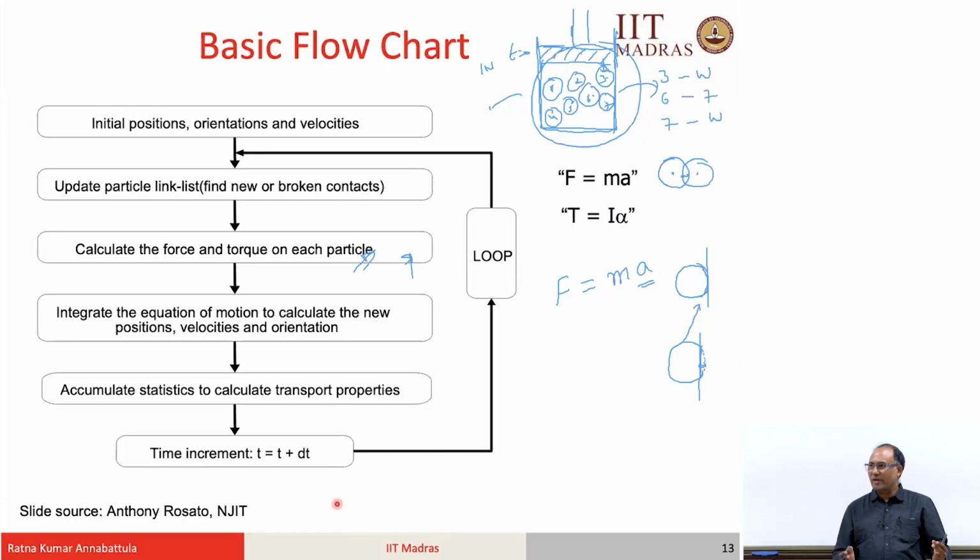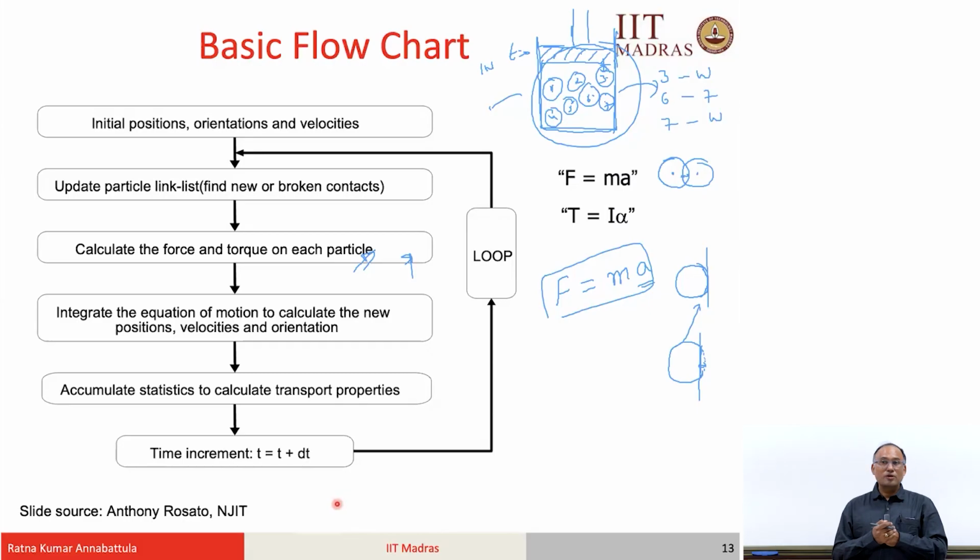Now you need to set up, for each particle, what is the total force acting on the particle. So if you have 1000 particles, you have 1000 forces, each one of them subjected to that force. And now for each particle you solve this equation, F equal to ma, and then what will you get? You will get acceleration. And if you integrate acceleration, you get velocity. If you integrate velocity, displacement.